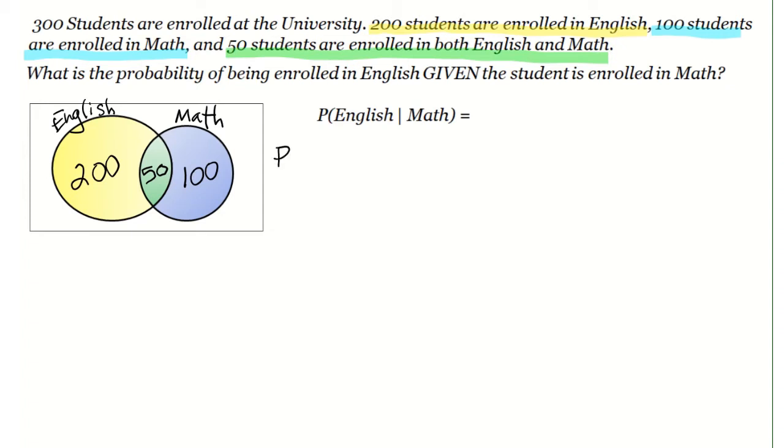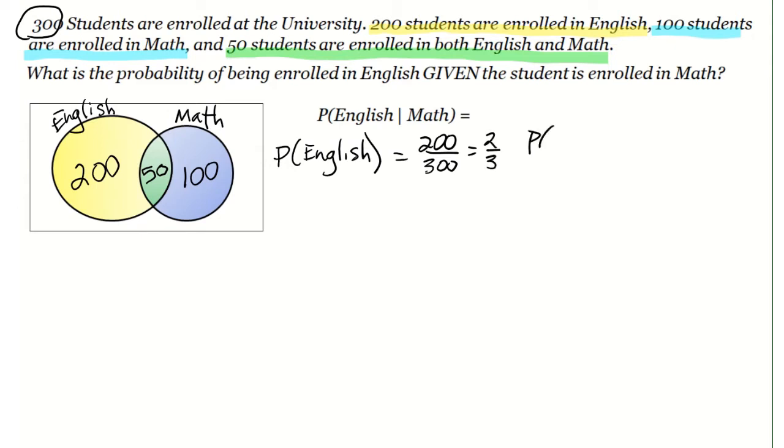So the probability of English is going to be our 200 that we have here in the yellow divided by our 300 total students. And that can simplify to 2/3.